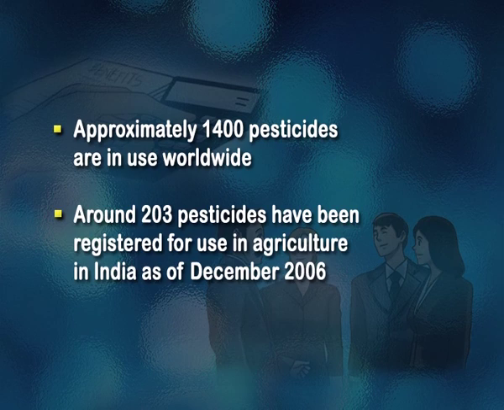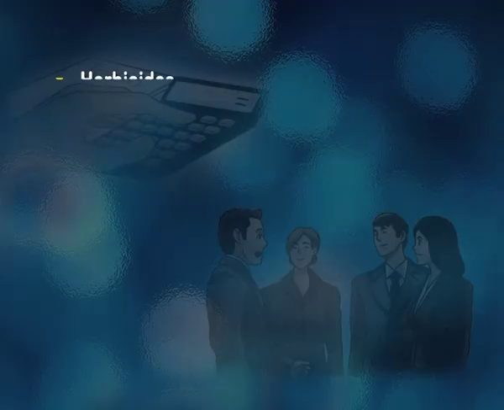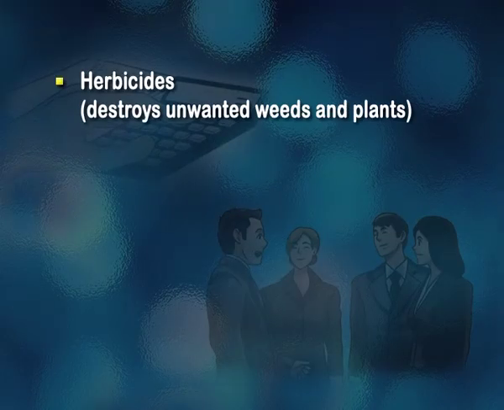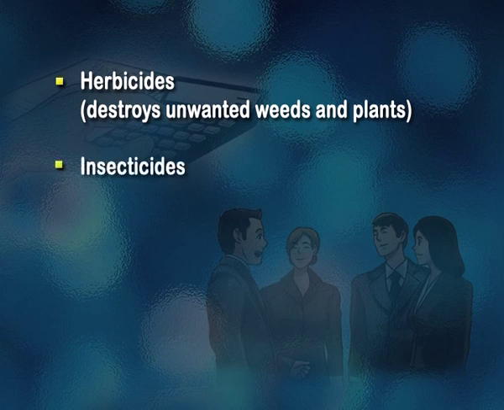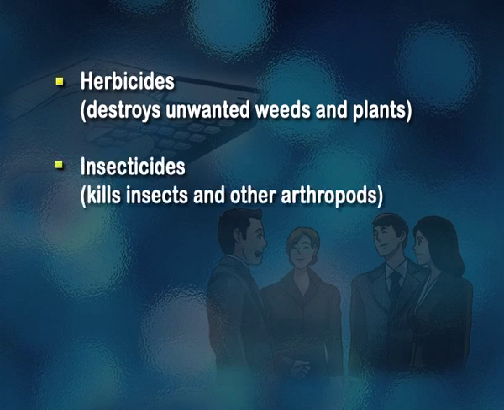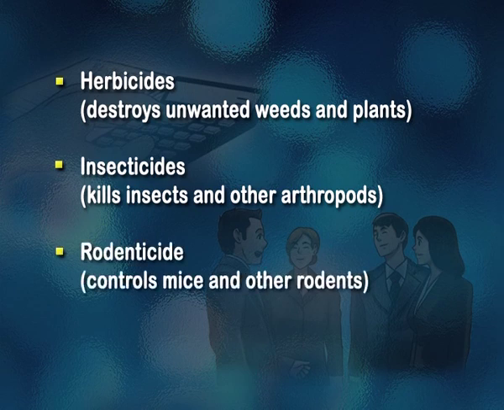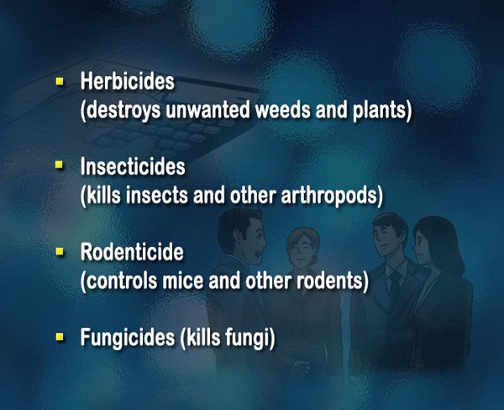This is as per the statistics of December 2006. 203 pesticides are being used against various pests and diseases, and the most commonly used include herbicides, which are used to destroy weed plants, insecticides, which have the capacity to kill insects and other arthropods, rodenticides, which can control mice and other rodents, and fungicides, which can kill fungi.